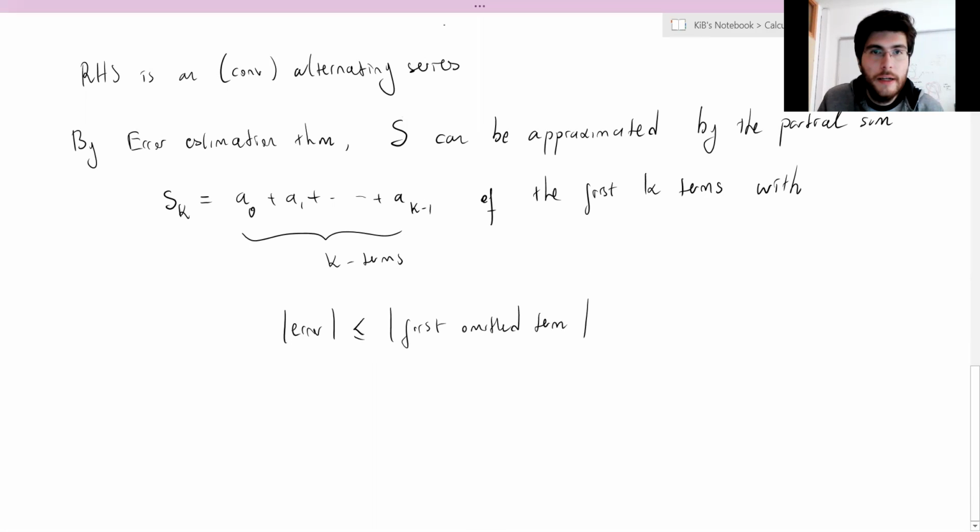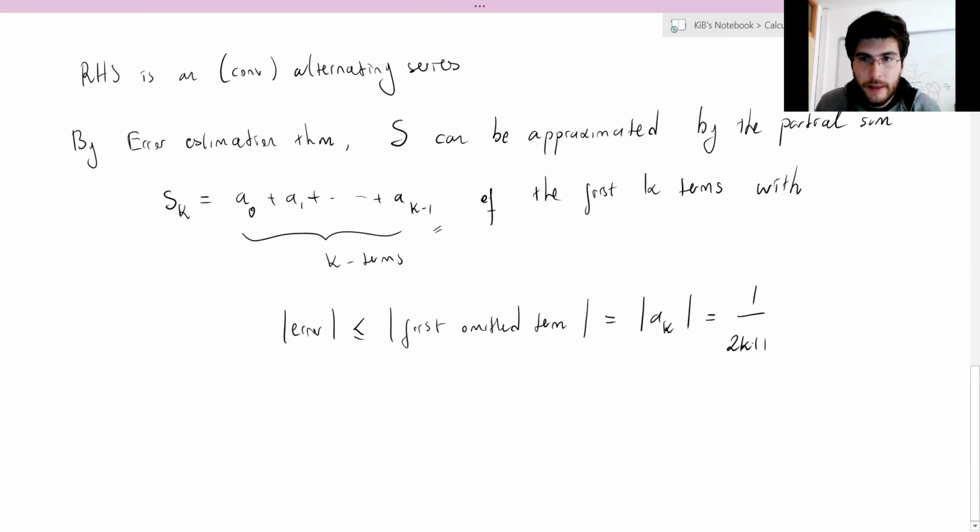But here, as before, what is the first omitted term? The indices here end at k minus 1, and therefore the next term will be ak. So ak is the first omitted term.